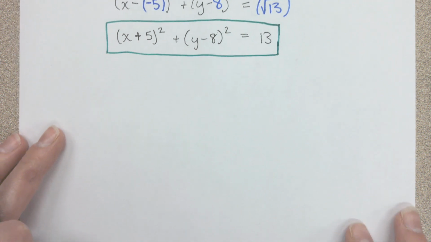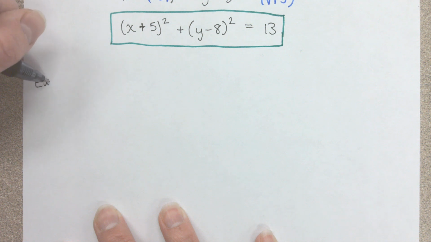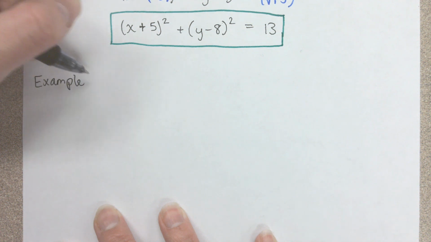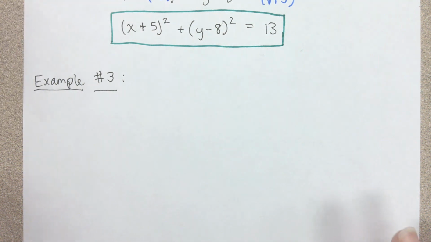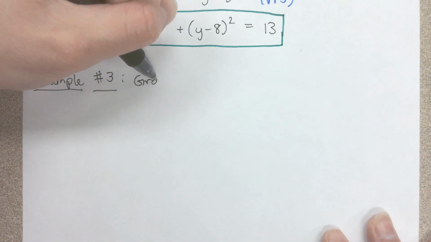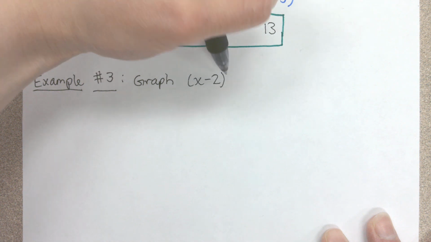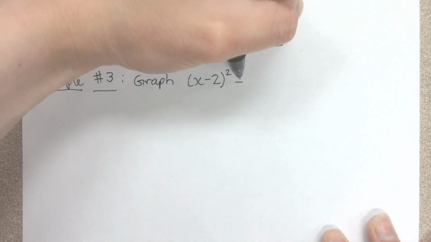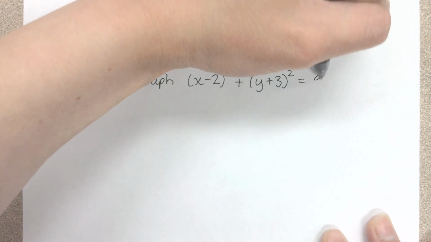Okay. Got 2 more problem types left. Example 3. Graph (x minus 2) squared plus (y plus 3) squared equals 9.